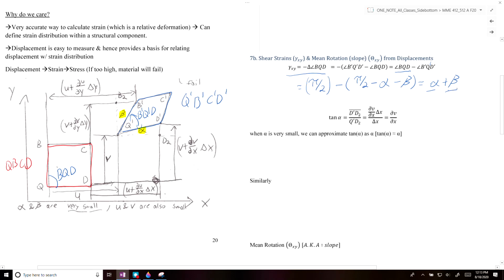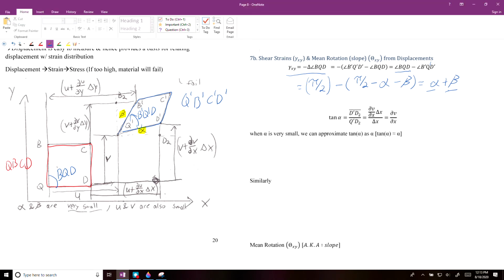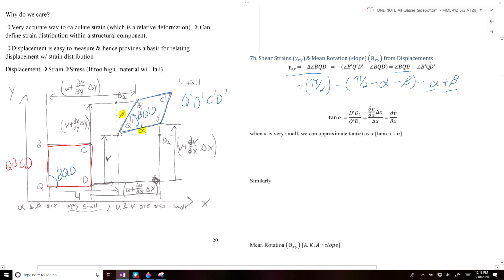Okay, so how can we calculate those two angles, alpha and beta? We can use the triangle that goes from point Q prime to a point D2, which is just along the x-axis, to the point D prime.